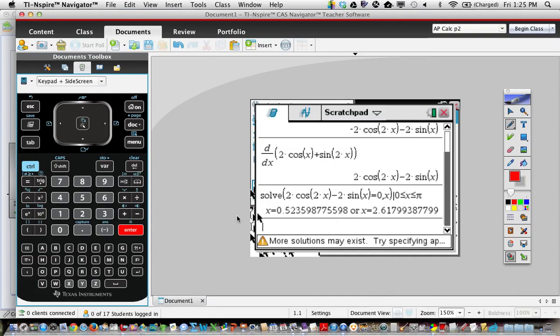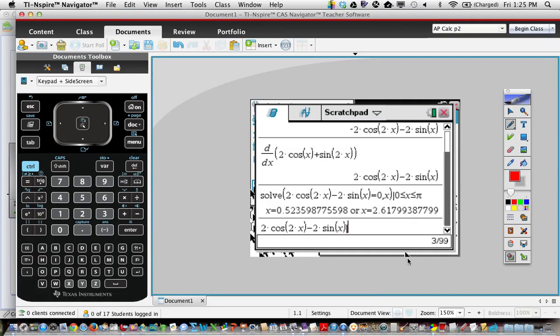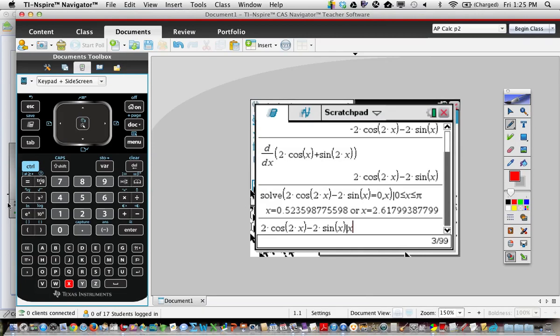A shorter way would be to just, since I already have the derivative up here, I'll grab it. If you don't have it, you may have to type it. But here was my derivative. Here was my f prime. I can use the vertical bar again, because the vertical bar means width. And so what I'm telling the calculator here is I want to do this with x equals 0.5.